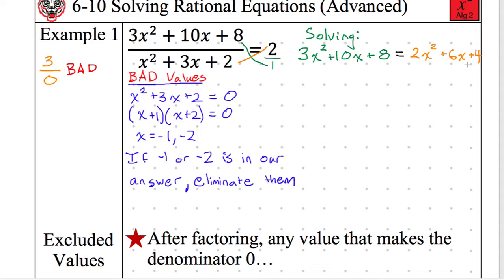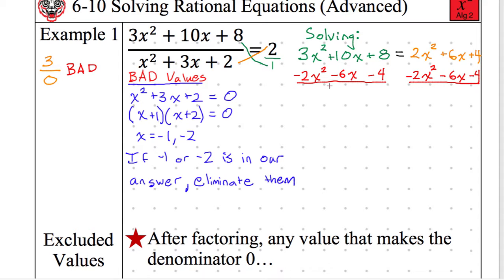All right, James, let's get everything off to one side. Choose the correct side and go for it. Okay, yep, it is the left side, so what are we going to do? Minus this 2x squared. Yep, minus all those things from both sides. Minus 2x squared, minus 6x, minus 4 on both sides.